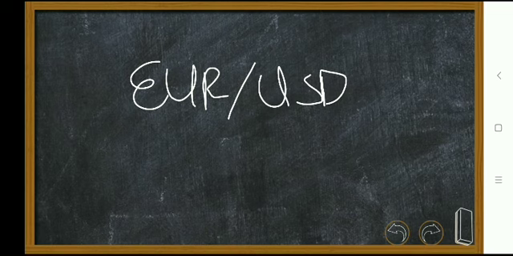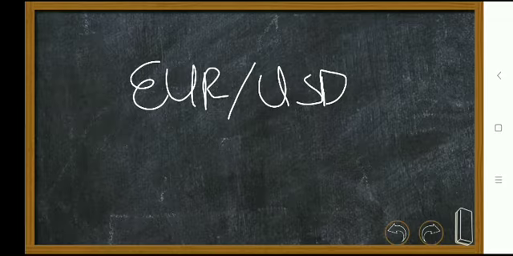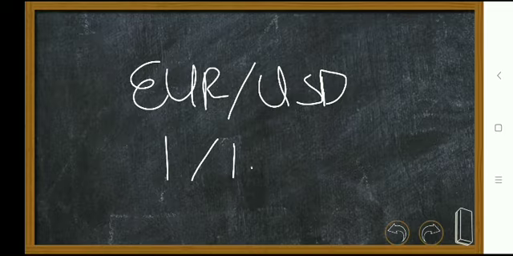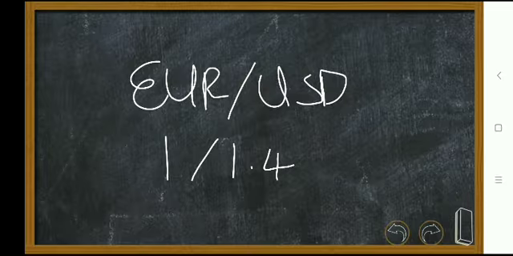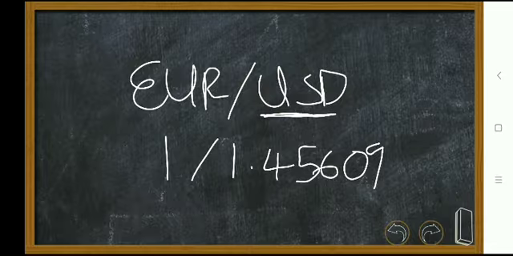Just like the bread analogy, it shows you how much USD you will get for 1 euro. Let's say it's 1.4609. We are actually giving a quote in USD for euro.